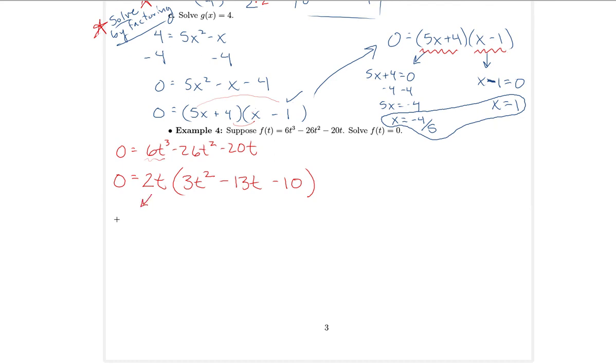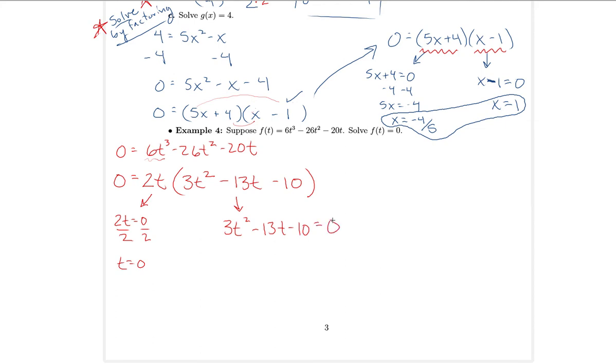So on the one hand, we're going to say 2t equals 0. And if 2t equals 0, that of course means that t equals 0 is one of our possible solutions. Let's check out 3t squared minus 13t minus 10 equals 0.